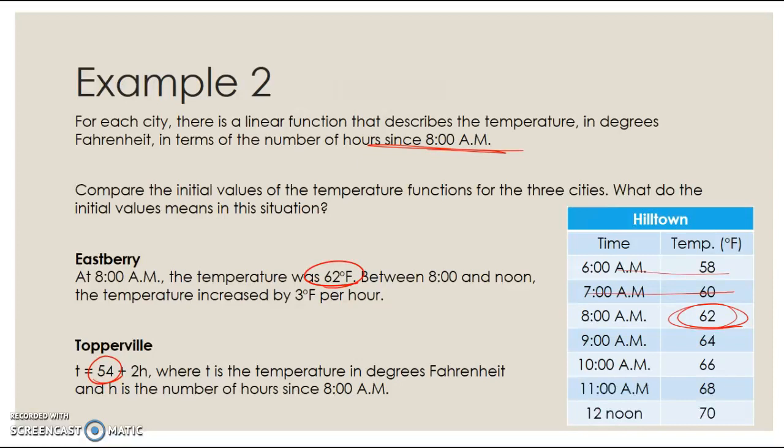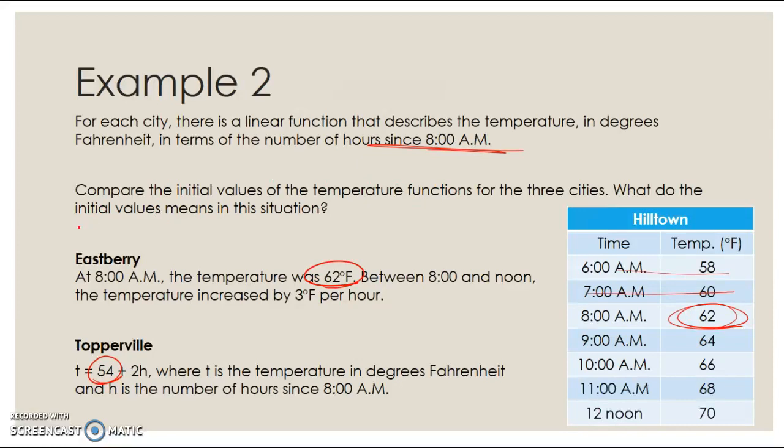And so it wants us to compare, right? So Topperville has the lowest initial value. And so in comparing, we know that this is lower, and these two were the same. So that's kind of our in our mind comparison. And what do the initial values mean for the situation?